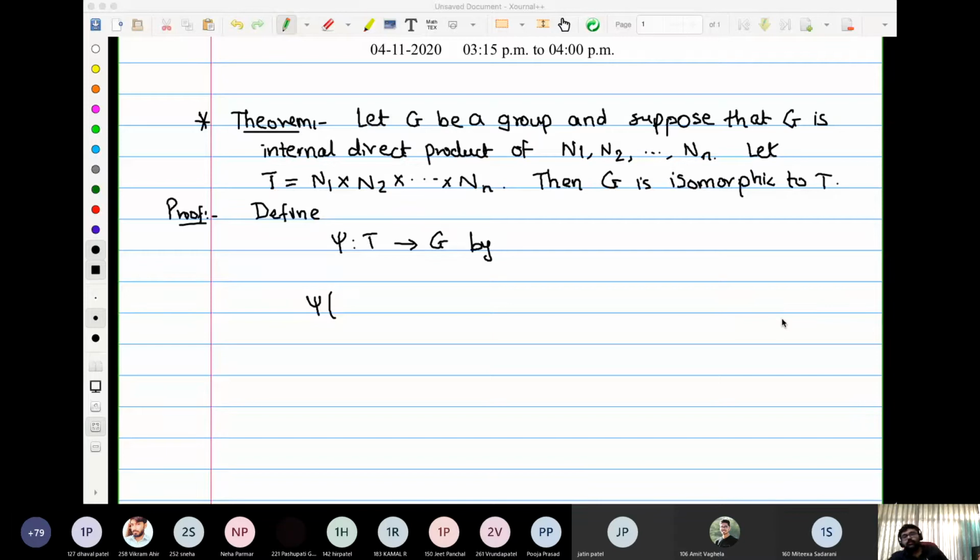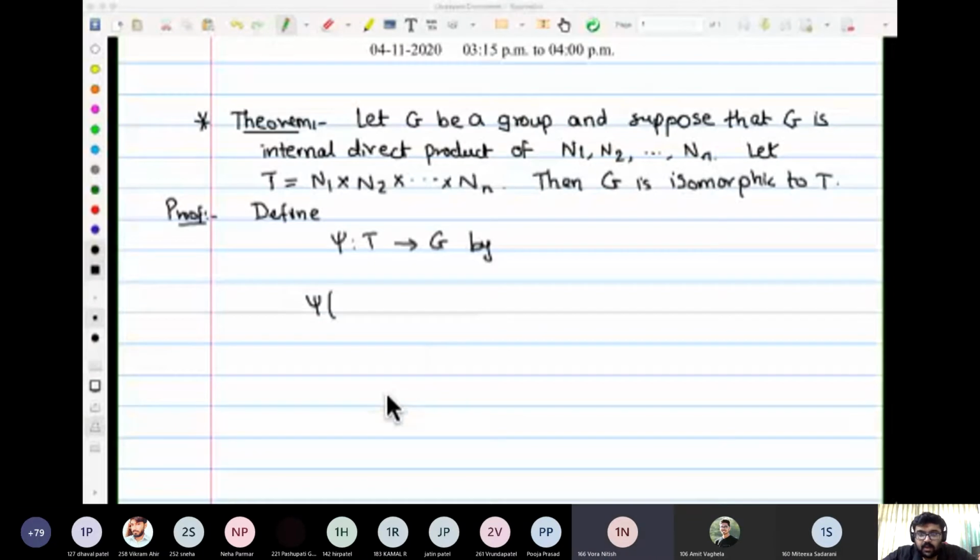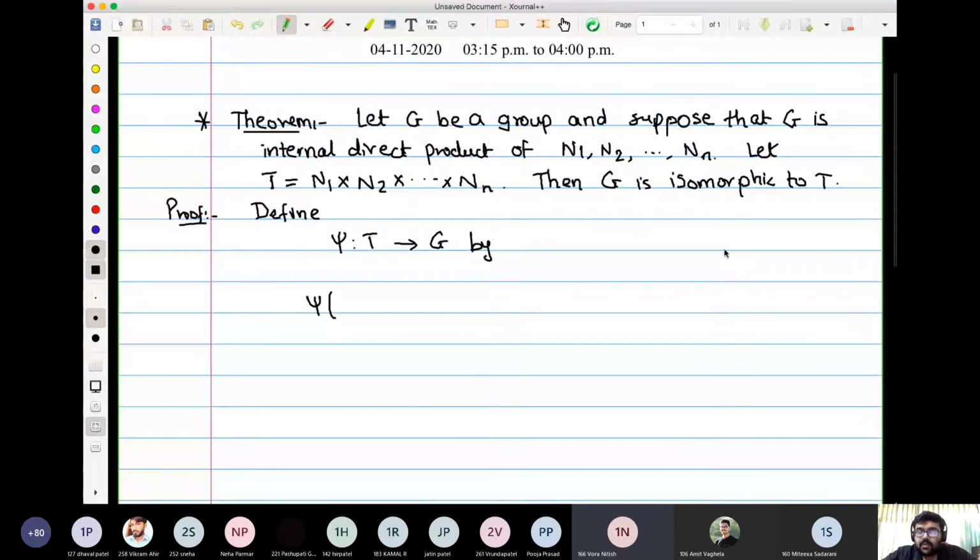Then let me ask my own way, does everyone know? Yes, Nitish. Hello, sir. Can you see the screen? Yes, sir. T is external direct product and G is internal direct product.